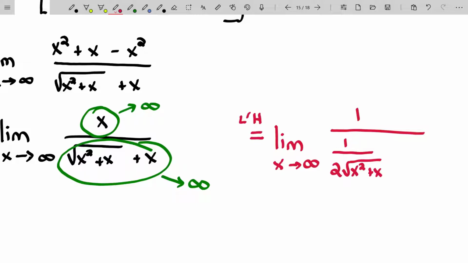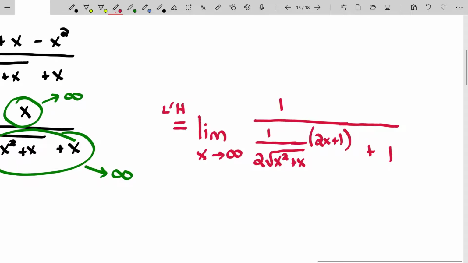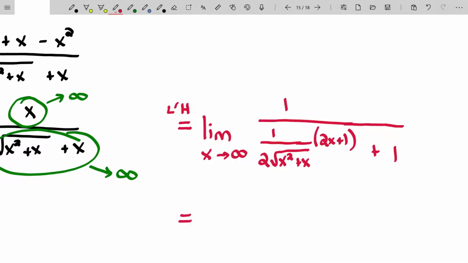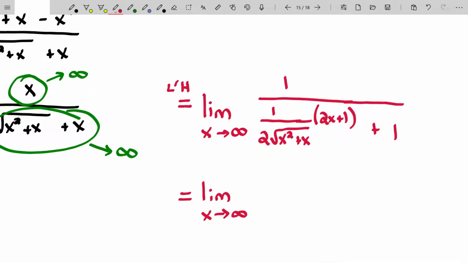times the derivative of that x squared plus x. So that's 2x plus 1. And then plus the derivative of that x on the back end there. The next step, I'll just do a little bit of cleanup. So this is equal to the limit as x goes to infinity. And I'm going to multiply both numerator and denominator by 2 times the square root of x squared plus x.